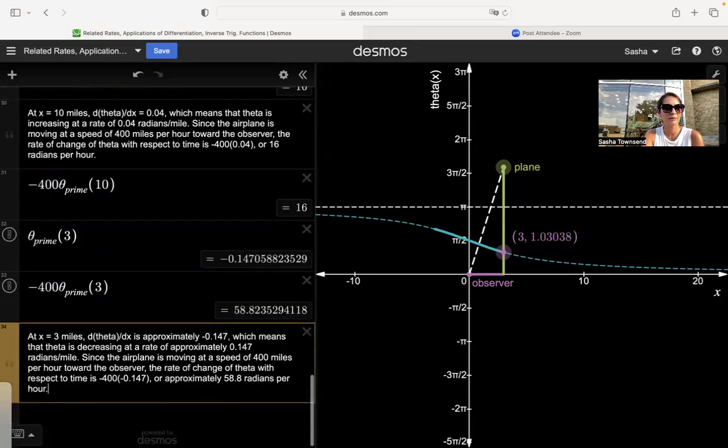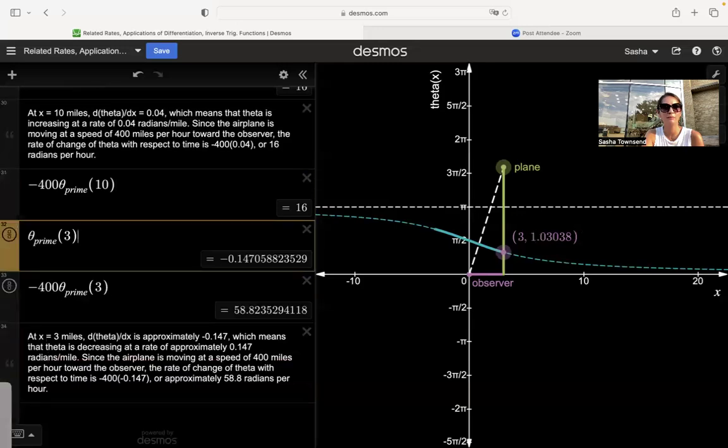But initially, we compute theta prime with respect to x, so the change in theta with respect to x. As x goes from 3 to 4, what is the instantaneous rate of change at x equals 3? What is the slope of the tangent line at that particular value? We could graph the derivative theta prime and see what that value is.